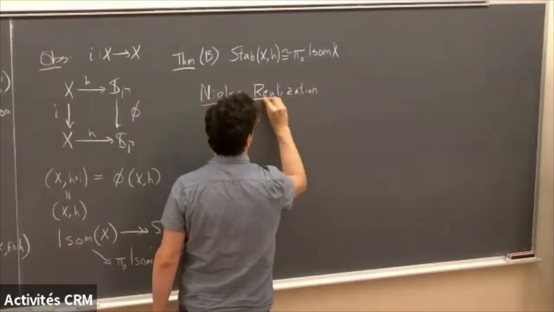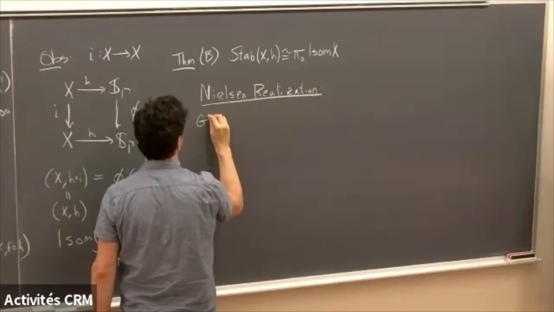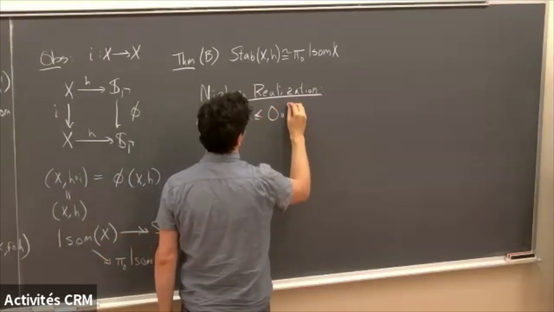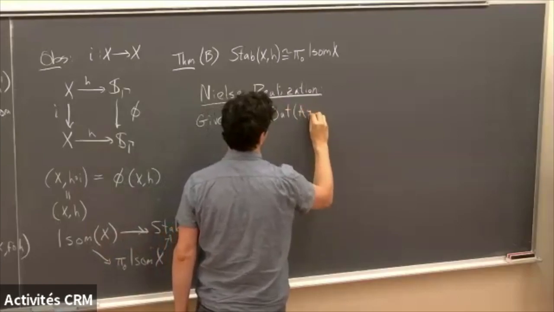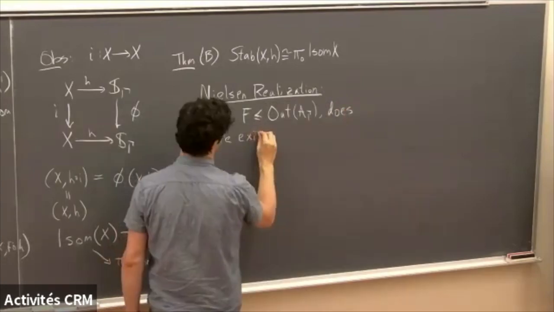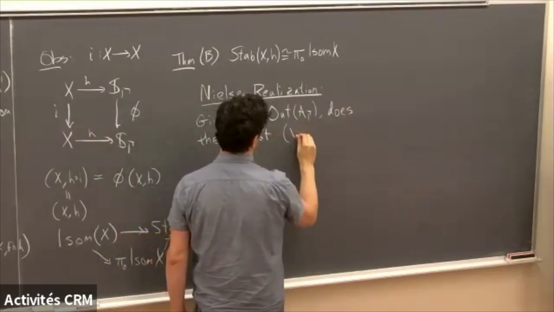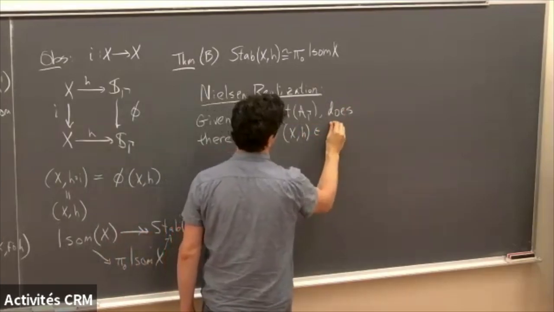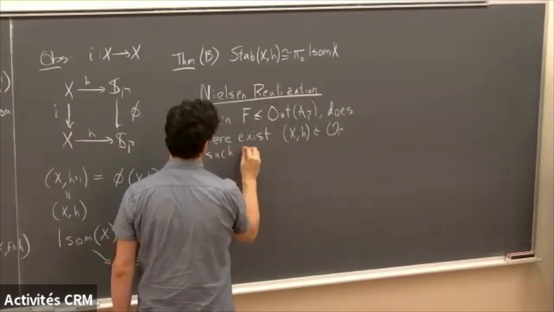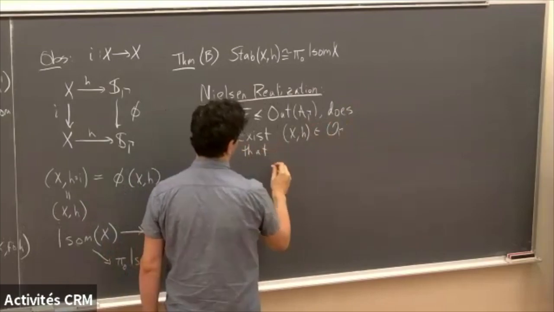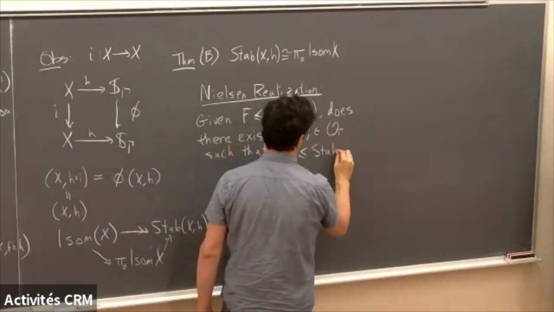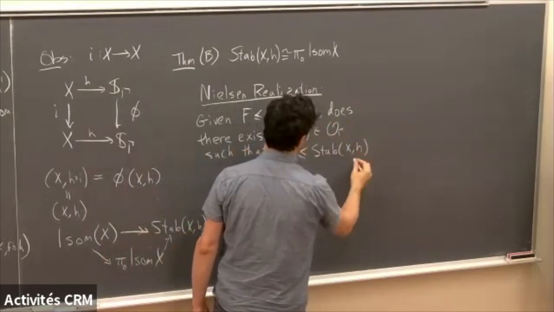would ask, suppose I give you some finite subgroup F in Out(Aγ). Does there exist some X_H in the outer space such that F is contained in the stabilizer of X_H?